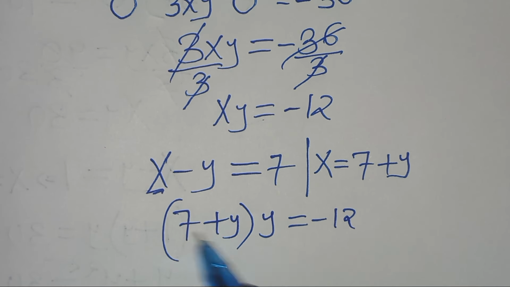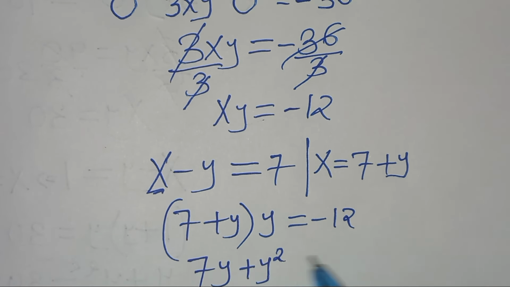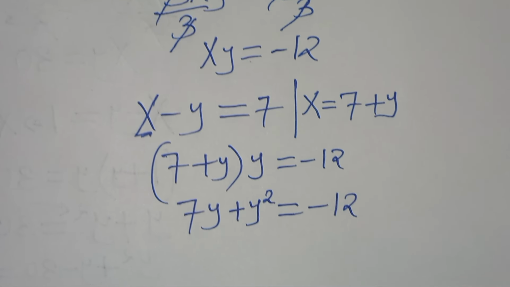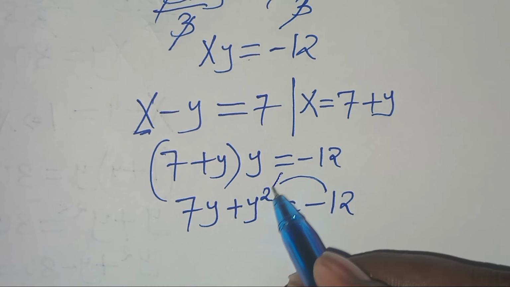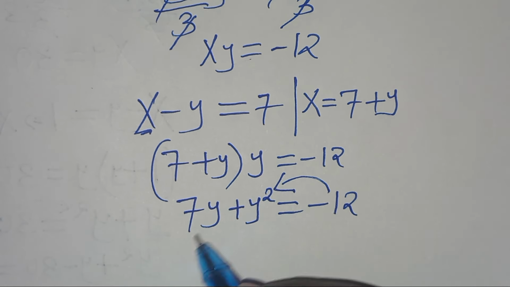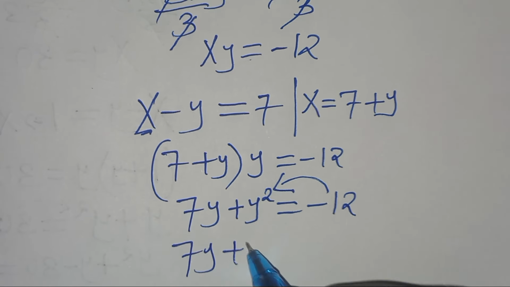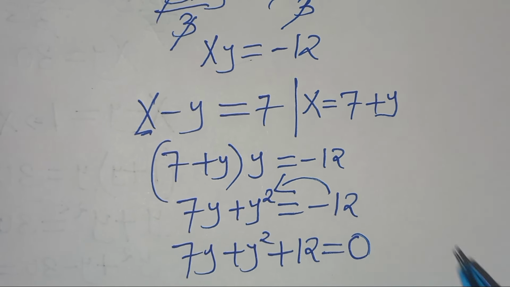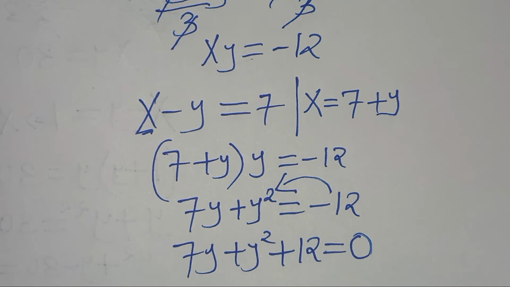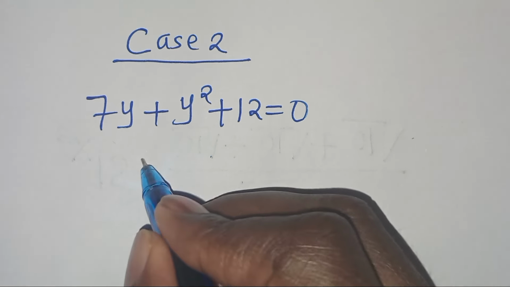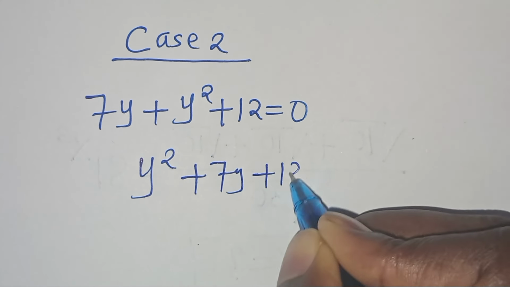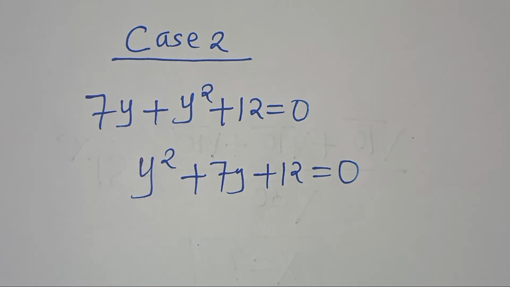So we have 7 times y, this is 7y, plus y to the power of 2, equal to minus 12. So let's take minus 12 to the left hand side, so that we have 7y plus y squared plus 12 equal to 0. So here we have y squared plus 7y plus 12 equal to 0.